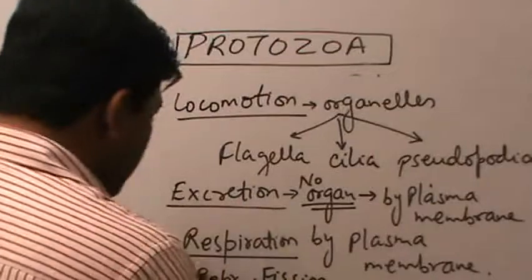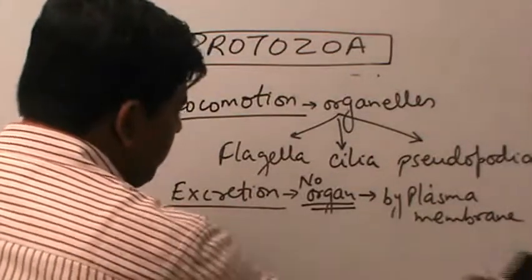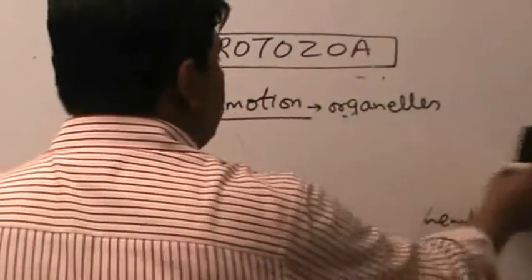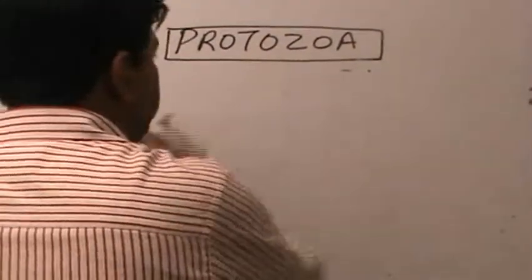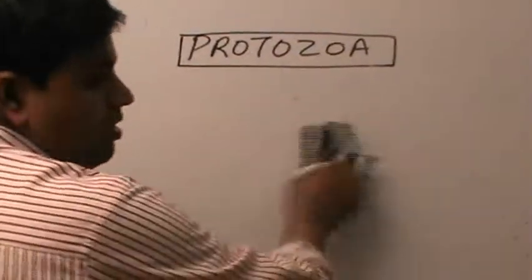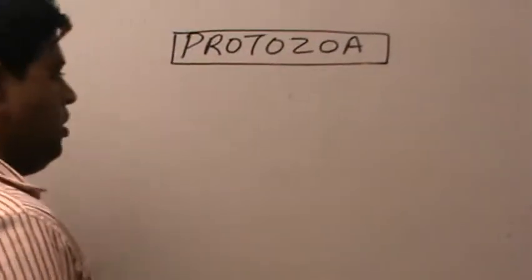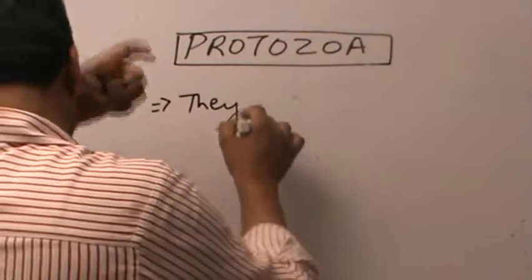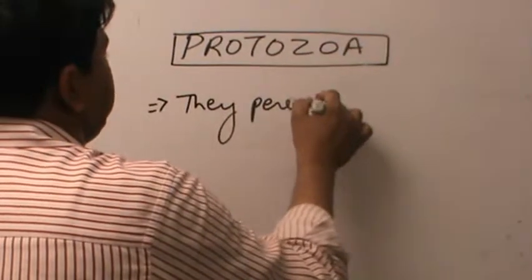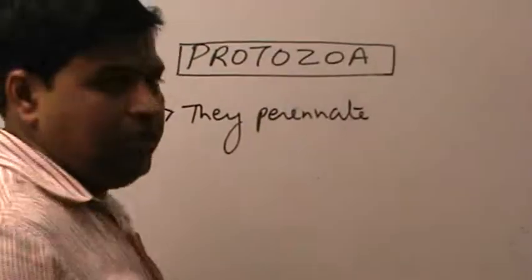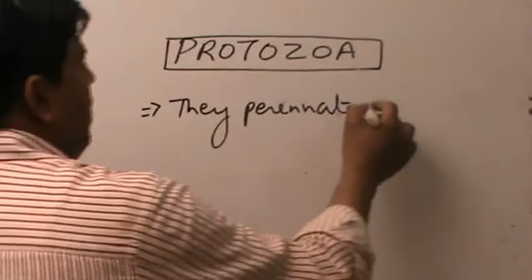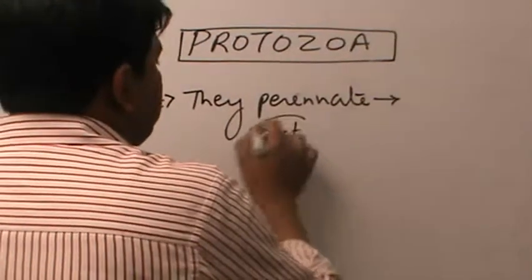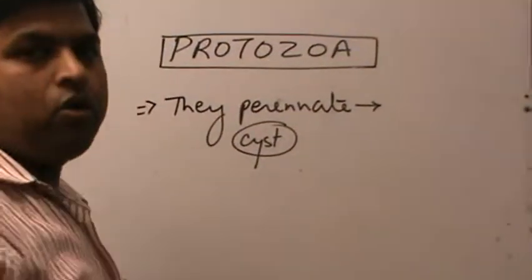Now, all these things happen under favorable conditions. But if there are unfavorable conditions, then they will encyst, with the help of the formation of a hard covering over their surface called a cyst.